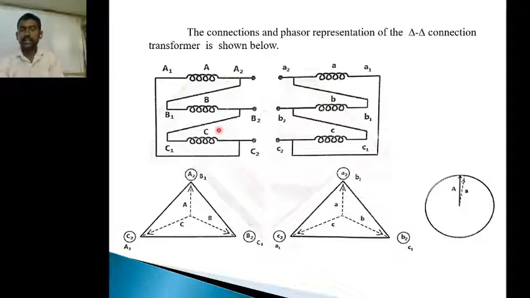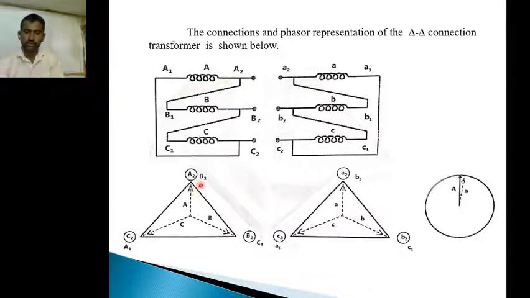Coming to the phasor diagram, here the A phase is connected between A2 B1 and A1 C2. Similarly, the B phase is connected between A2 B1 and B2 C1.